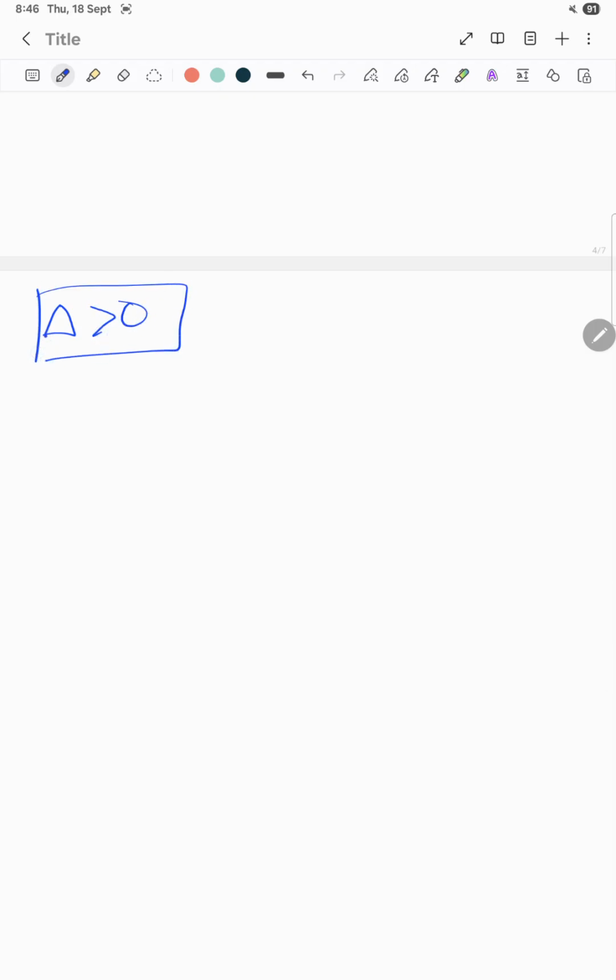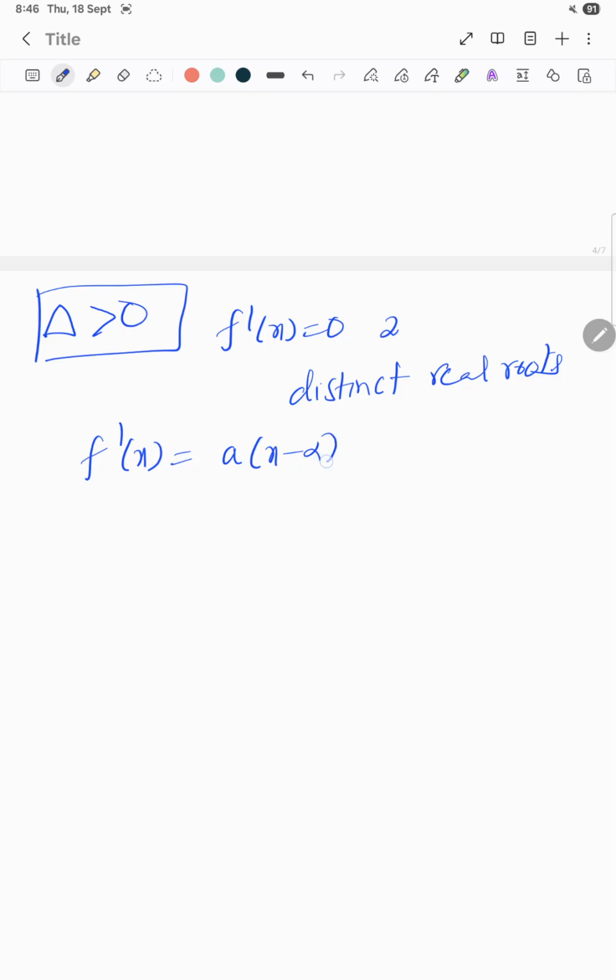When delta is greater than 0, f dash of x equal to 0 has two distinct real roots. So I can write f dash of x is equal to a into x minus alpha into x minus beta.